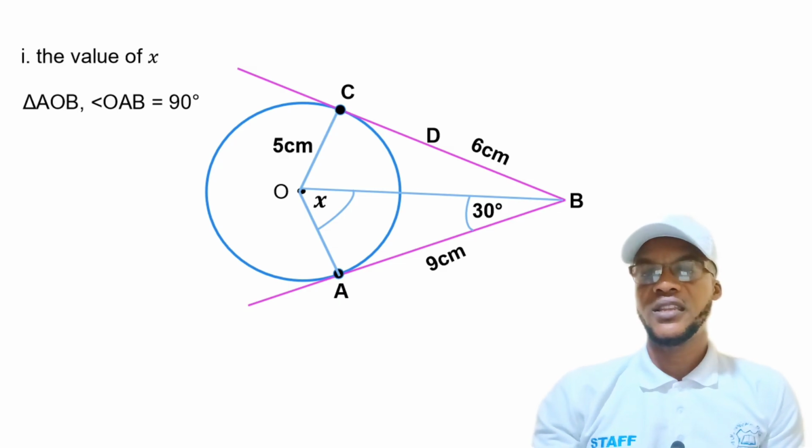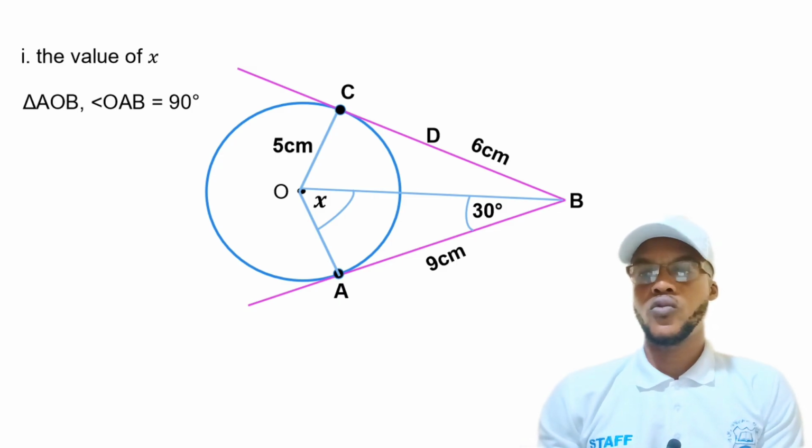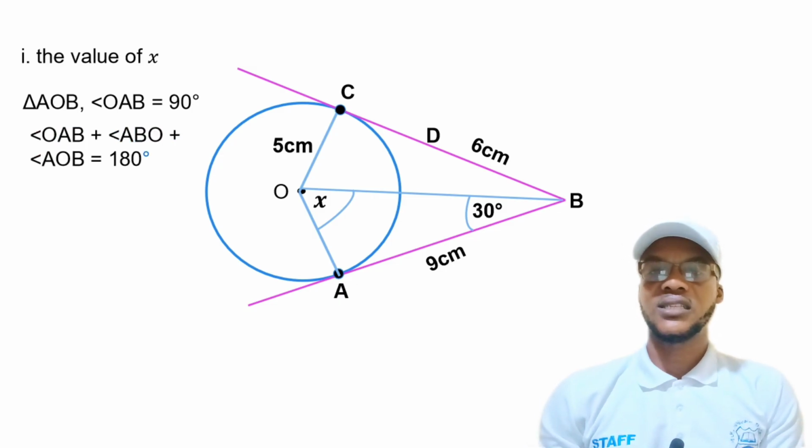So for triangle AOB, we can add the interior angles of that triangle, which should give us 180 degrees.